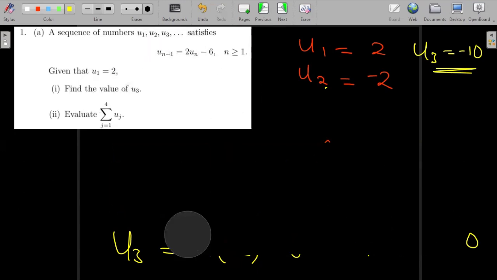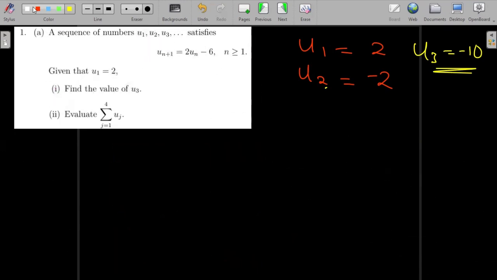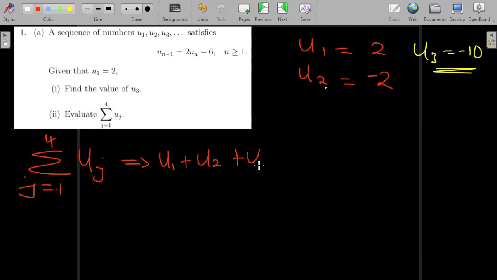For the next part, they're saying find the sum as j goes from 1 to 4 of Uj. So here we are just adding all the U's from 1 to 4. So we're adding U1 plus U2 plus U3 plus U4. We have U1, U2, U3, so we are supposed to find U4.